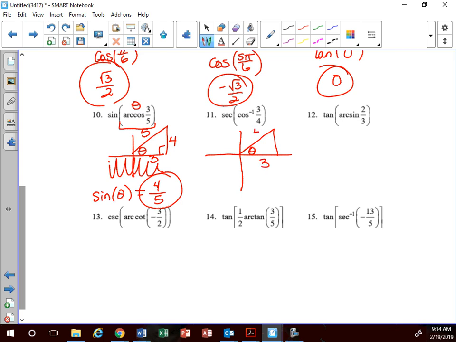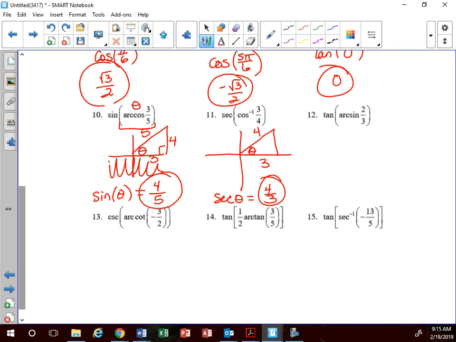Hypotenuse is 4. So is that a 3, 4, 5 triangle? No. I could find the other side with the Pythagorean theorem. But based on what this question is asking me, do I even need to do that? No, I am just asking you the secant of this angle. 4 over 3, yeah. Okay?